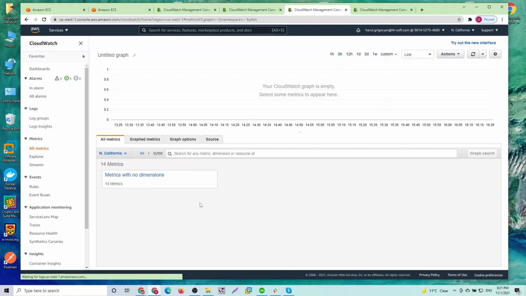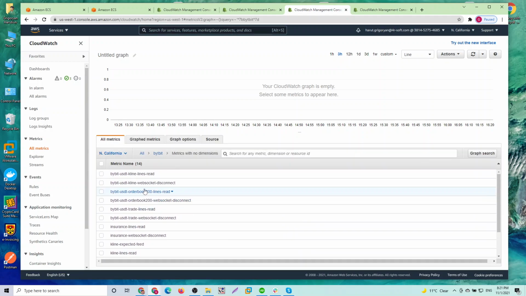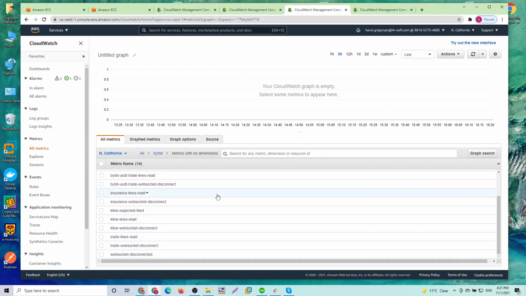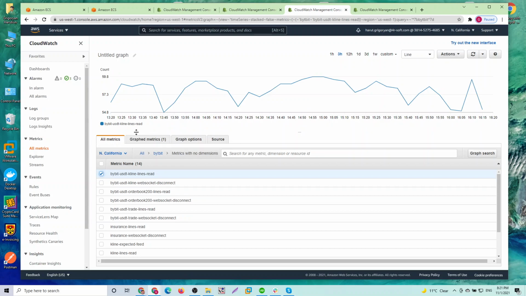So for instance, for Bybit, we generate a number of metrics that then are utilized in the dashboards. Yeah, here are the metrics for this particular Bybit USDT key line read metric, and this is the visualization that we see in the dashboard.